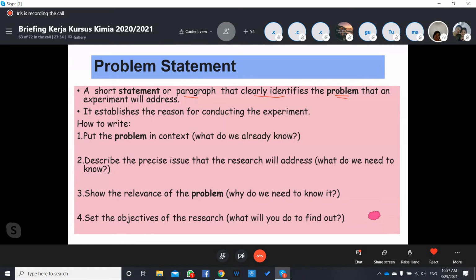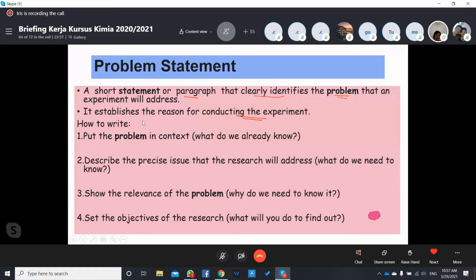So dia fokus kepada finally what you want to do in order to solve this problem. And it establishes the reason for conducting the experiment. In other words, maksudnya kenapa you buat this project? What is the purpose behind? What you want to know about this, the outcome?